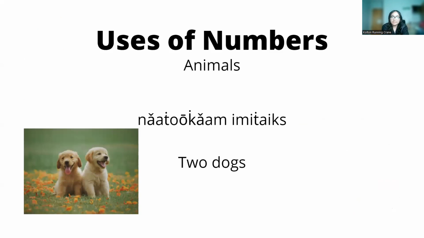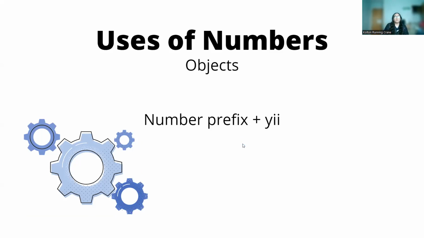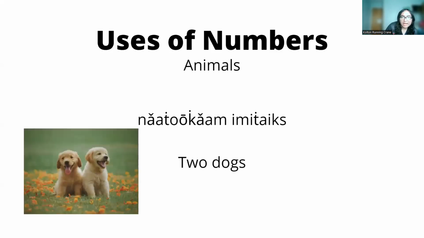And imitates means dogs, comes from the word imita, which means dog. And so that's how you talk about animals. You just take the counting numbers, and then add an M, and then whatever you're talking about.